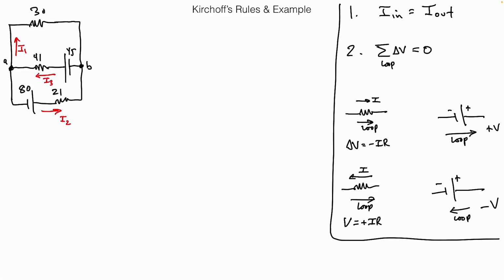Now, look at the other junction, junction B. How many wires are there at junction B? 3. So you know that there's a minimum of 3 possible new currents. But are there any new currents? Are any of the wires at junction B any different from any of the wires at junction A? No, they're all just coming back together, so I don't need to worry about that.